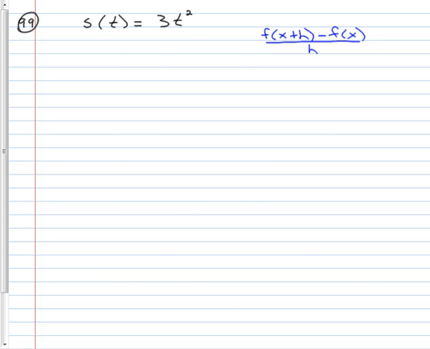Okay, and my problem is I'm thinking of the calculus, because we write it this way when we start learning it. All right, we need S of t plus delta t minus S of t, divided by delta t. Is that how they wrote it?